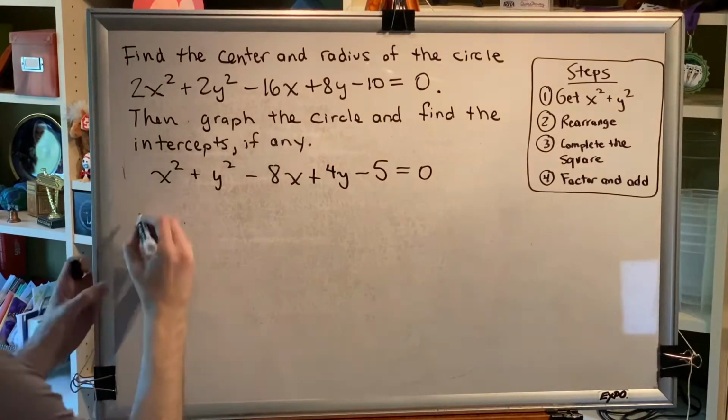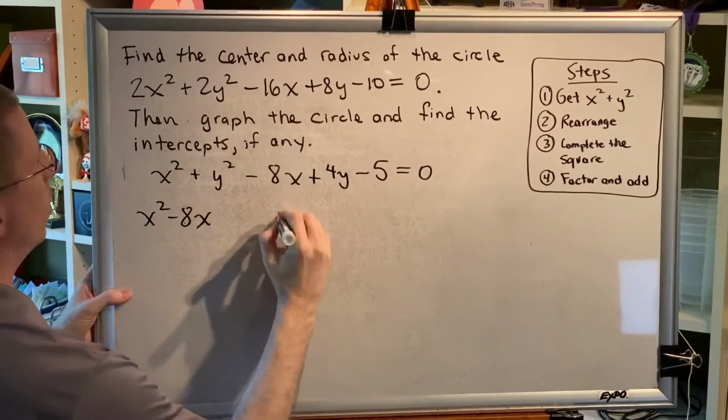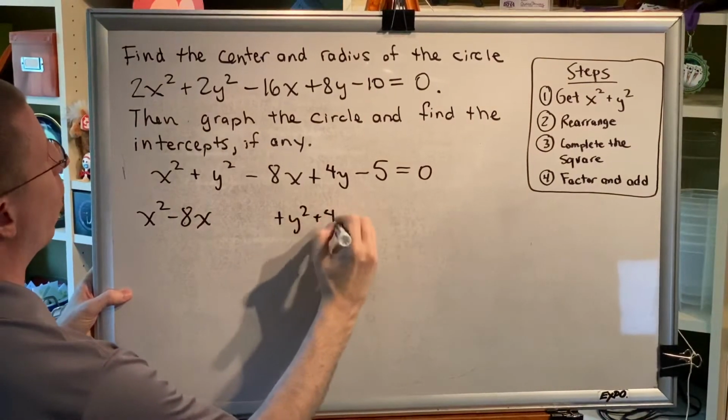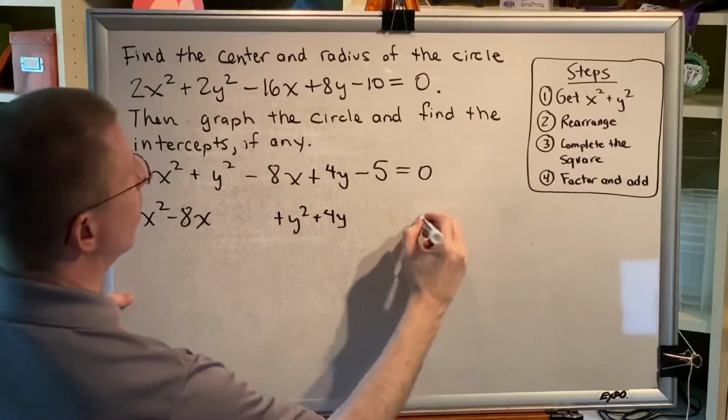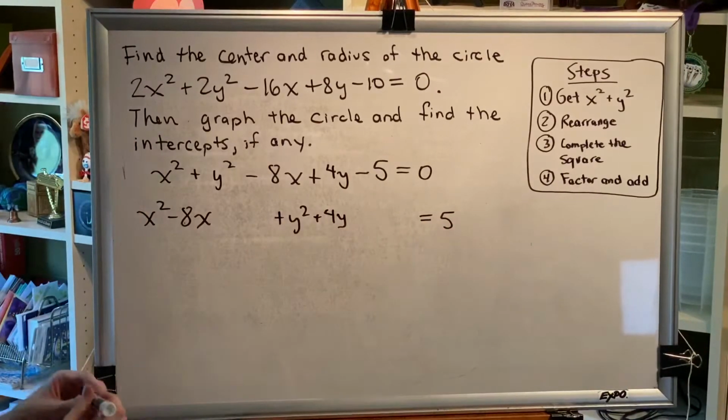Next, rearrange. So we get x squared minus 8x, leave a space, plus y squared plus 4y, leave a space, equals 5. When a term changes sides, it changes signs.